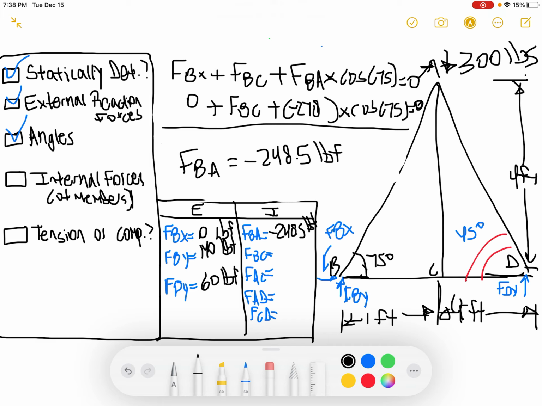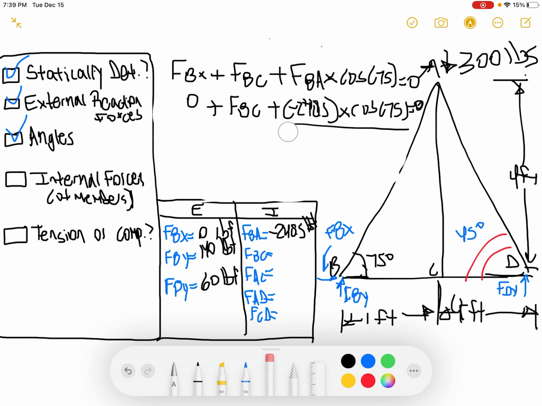We can come back to this now. We'll erase this and continue. We now can continue to solve this. Since this right here is going to turn out to be negative, we add 248.5 to both sides.